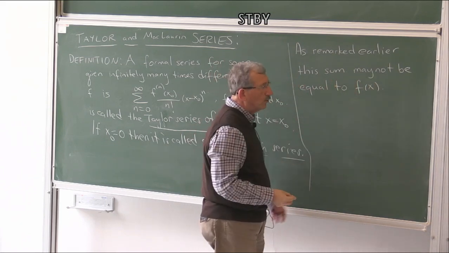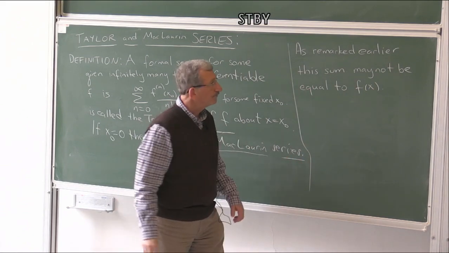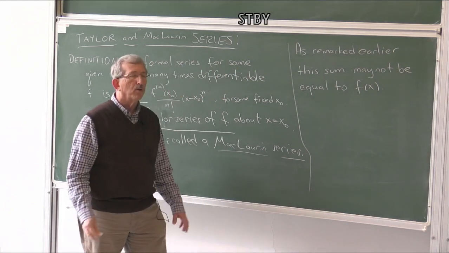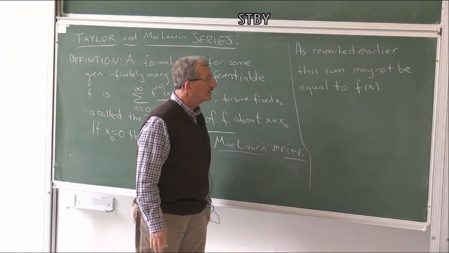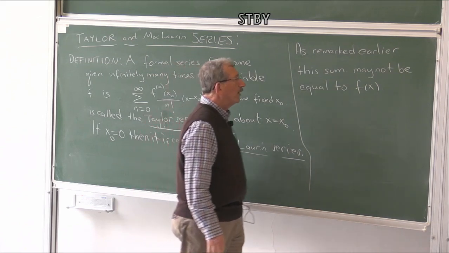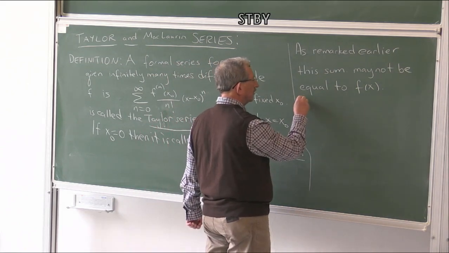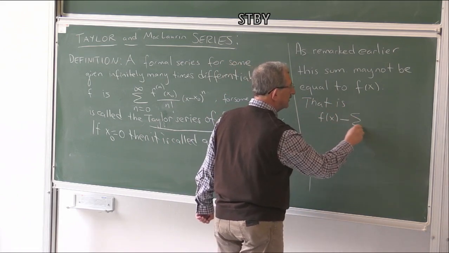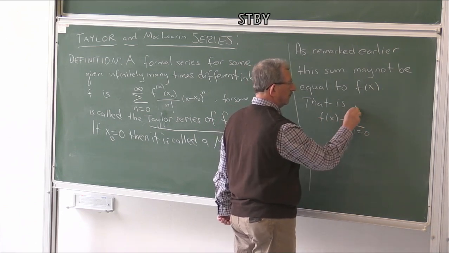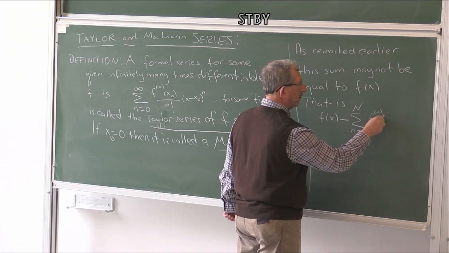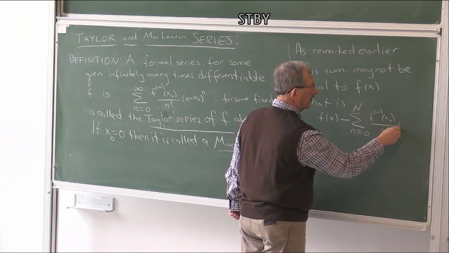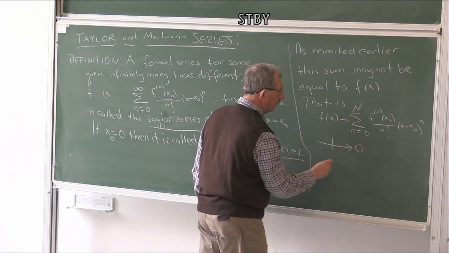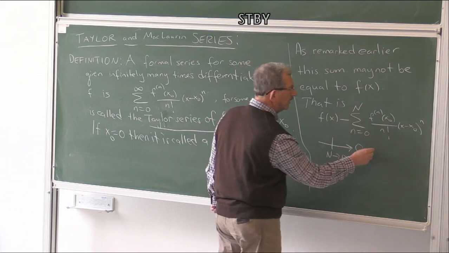So it would be quite useless for values of f, for approximations, and for all the other applications that we will discuss soon. This means, of course, that f of x minus the partial sum will not go to 0 when n goes to infinity. This can happen.